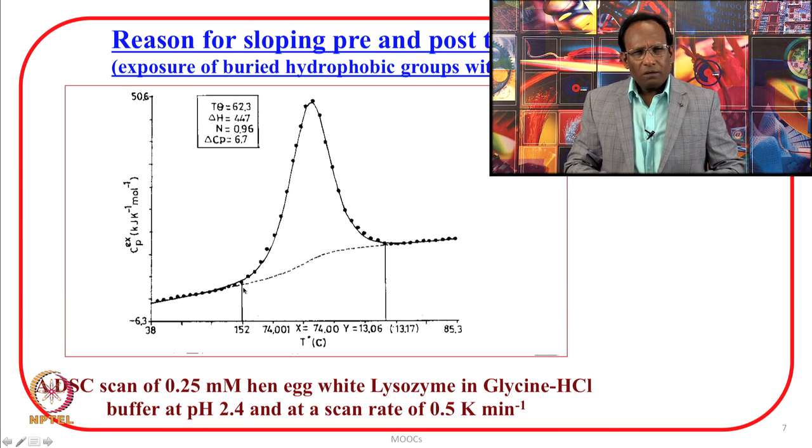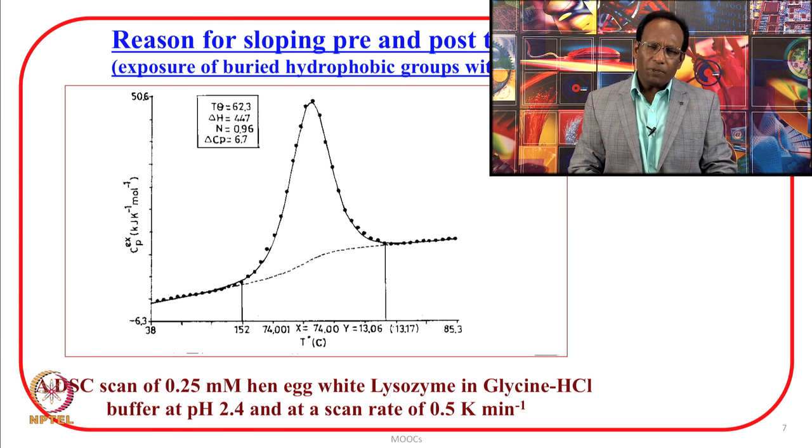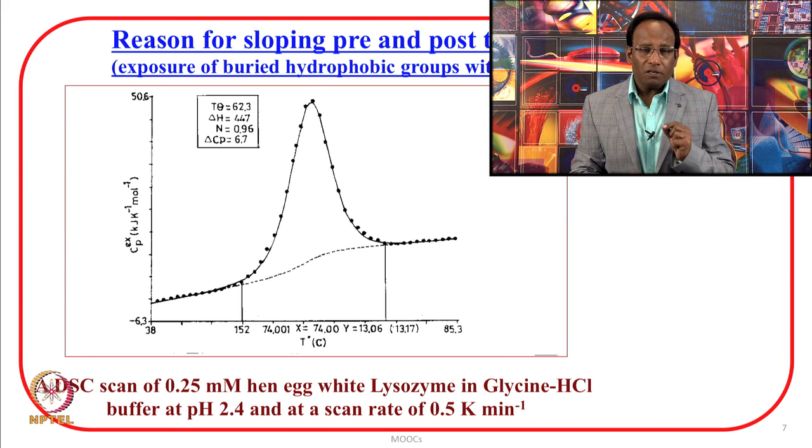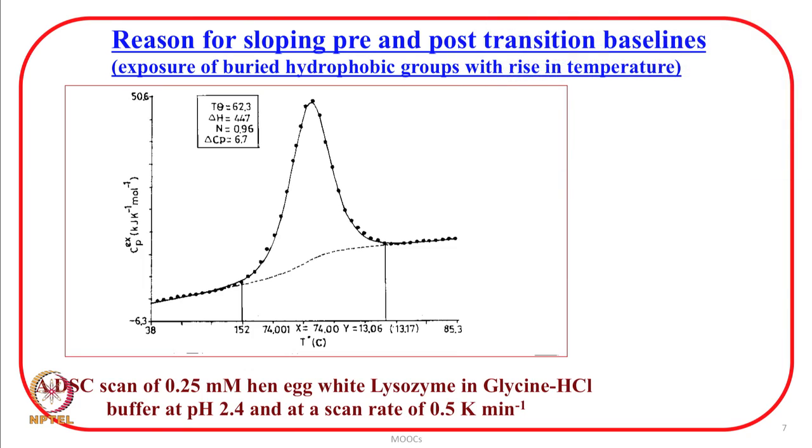We have discussed this earlier also by taking the example of monatomic and diatomic perfect gases, and we discussed that as the temperature increases, the degrees of freedom also increase, and the contributions of those degrees of freedom to the heat capacity also increase. A similar explanation can be offered here.